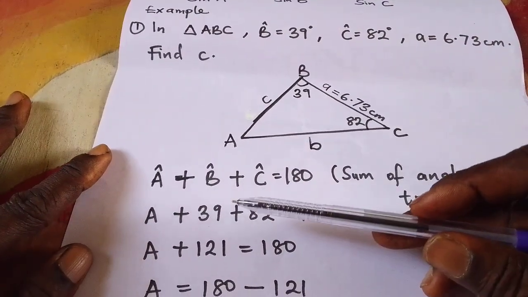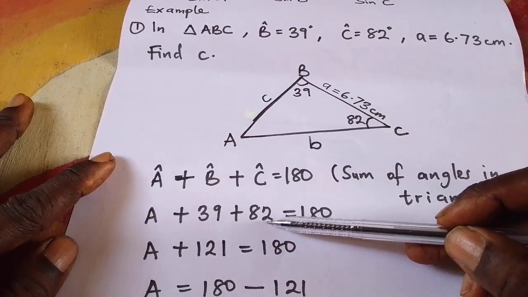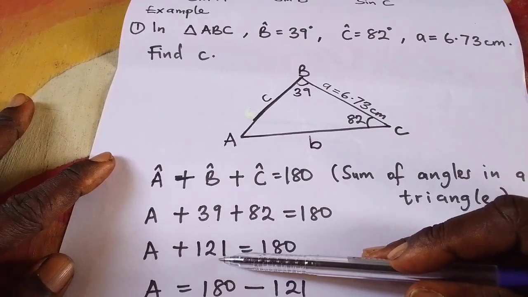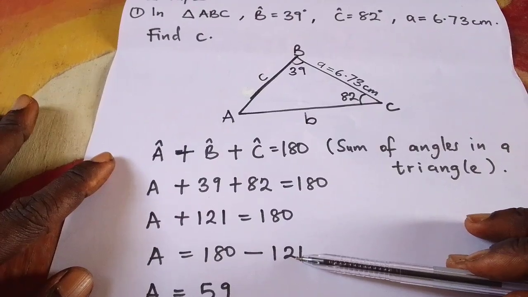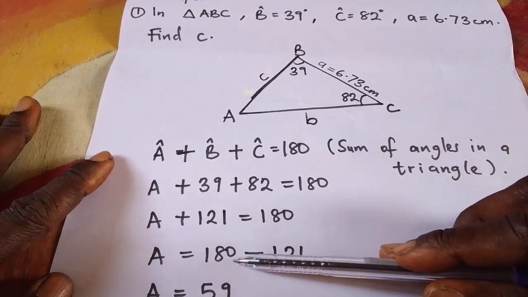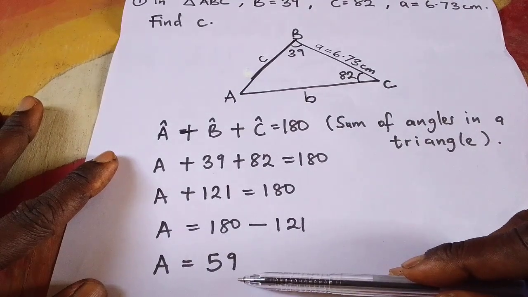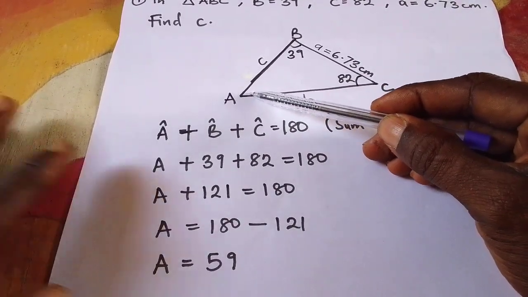Adding B and C, 39 plus 82 gives us 121. Bringing the 121 to the other side it becomes minus 121, so 180 minus 121. That means angle A is 59 degrees.